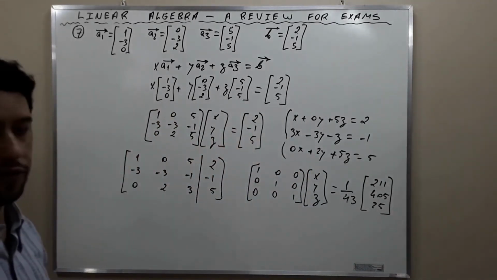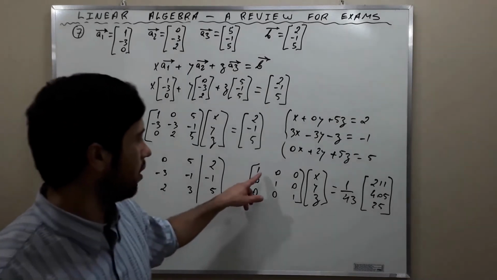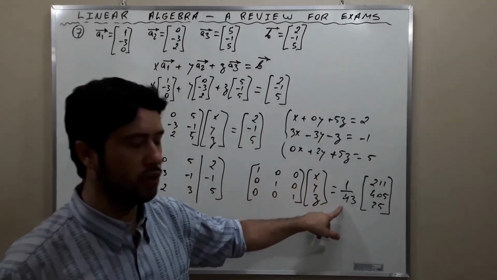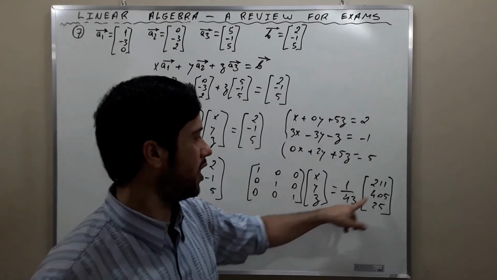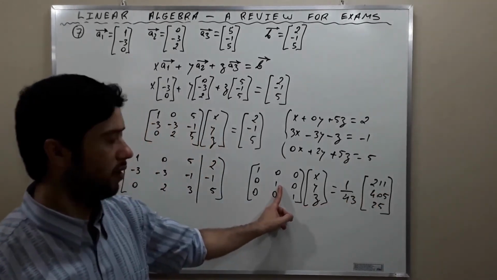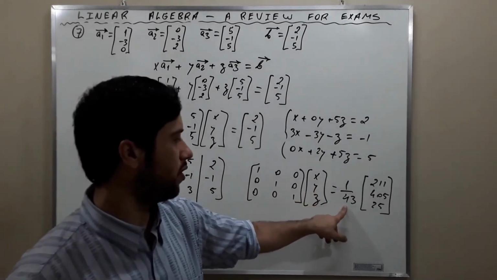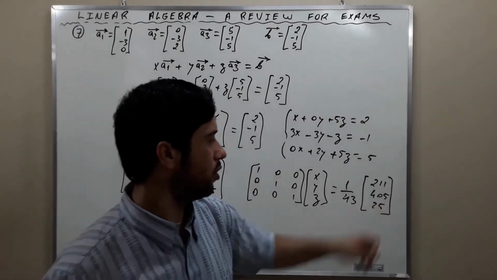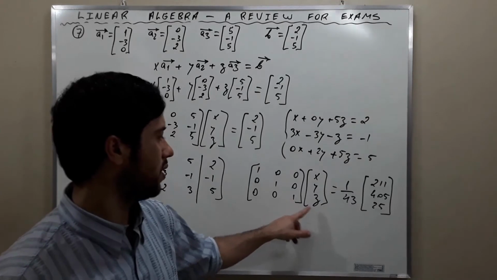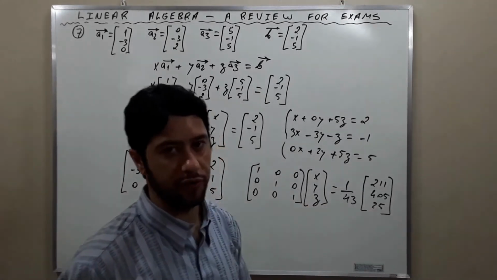It means that the system is consistent. It means that there is a solution. x, observe here, x is equal to 1 over 43 times 211. Observe here that y is equal to 1 over 43 times 405. And observe here that z is equal to 1 over 43 times 25.